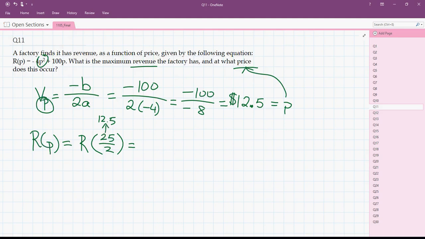So then if we wind up plugging that in, we get negative 4 times 25 over 2 squared plus 100 times 25 over 2.